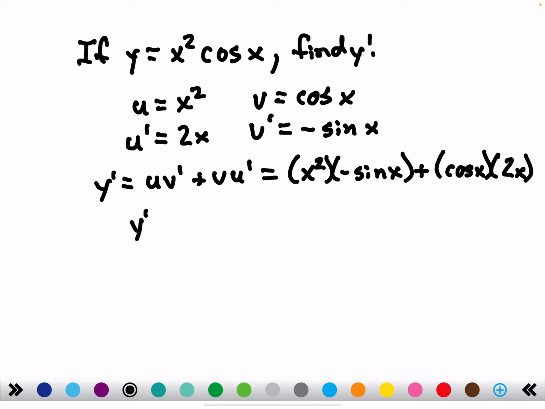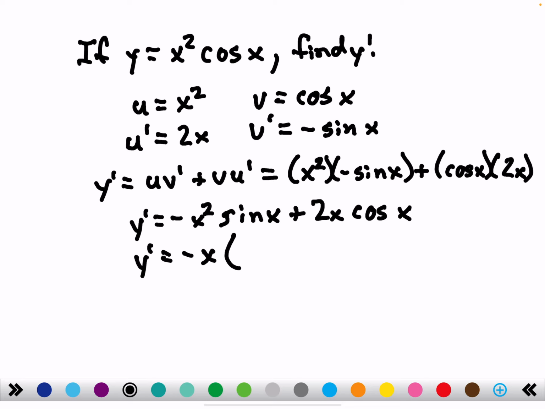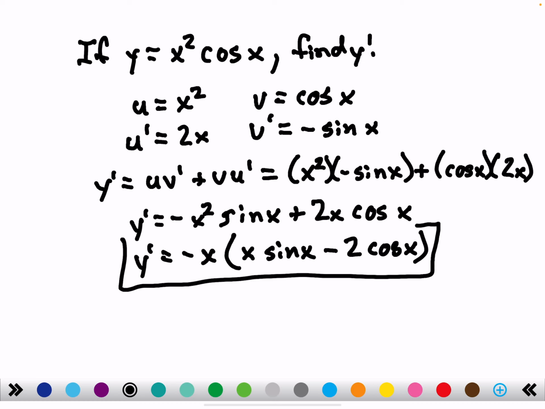So initially this becomes negative x squared sine x plus 2x cosine x, and we can factor out, I would factor out a factor of negative x, which would make this, in parentheses, x sine x minus 2 cosine x, and that would be a great way to represent this answer.